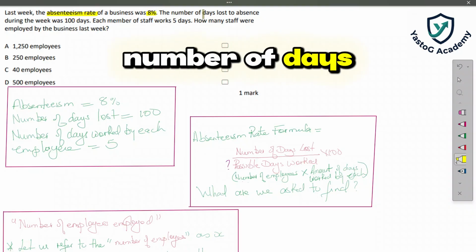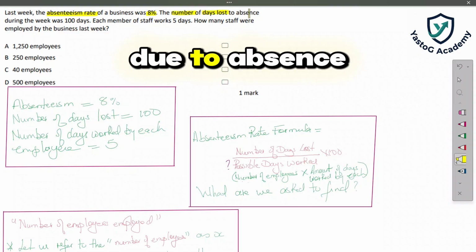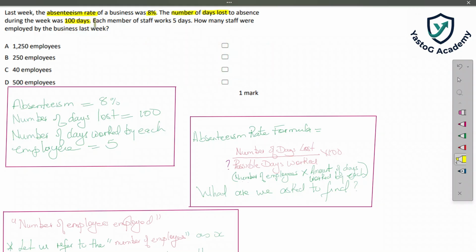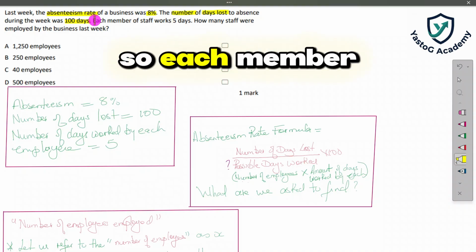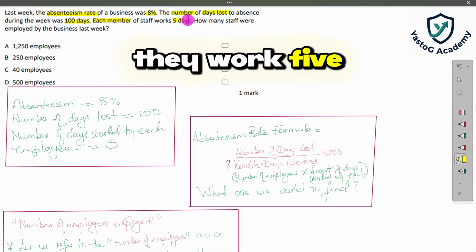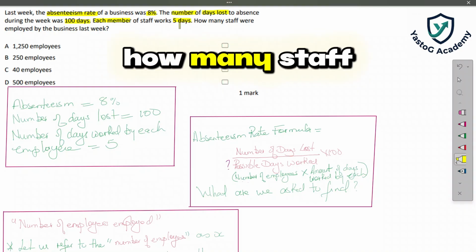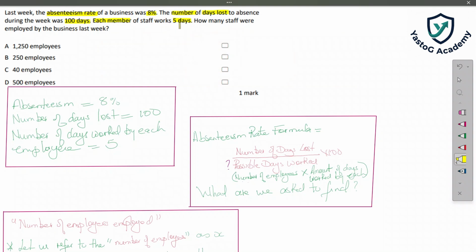The number of days lost due to absence during the week was 100 days. Each member of staff works 5 days. And the question is, how many staff were employed by the business last week?